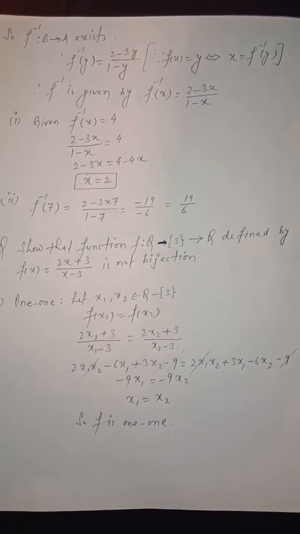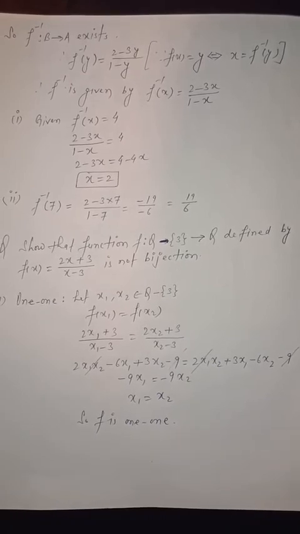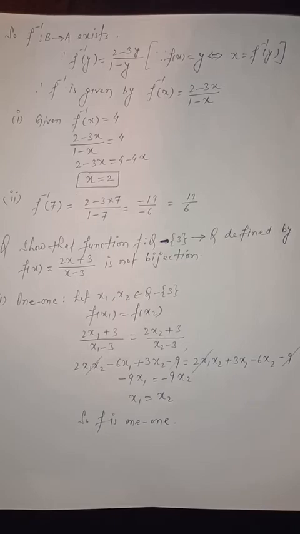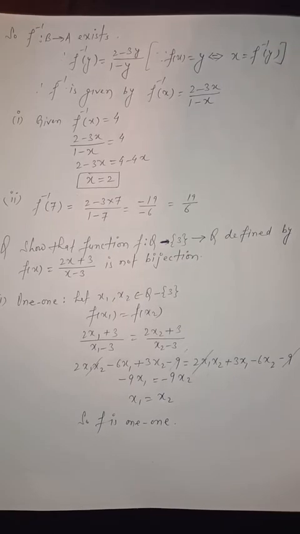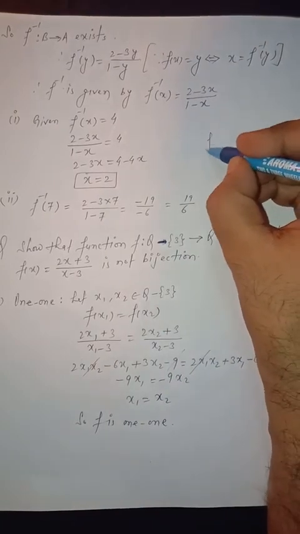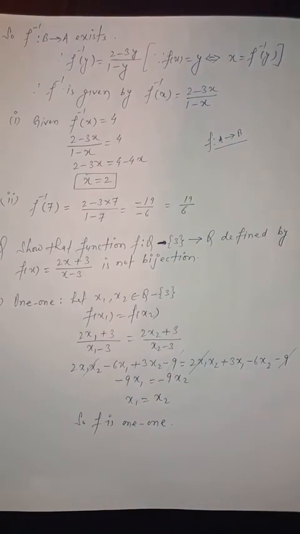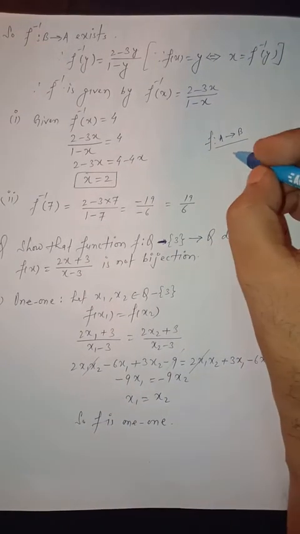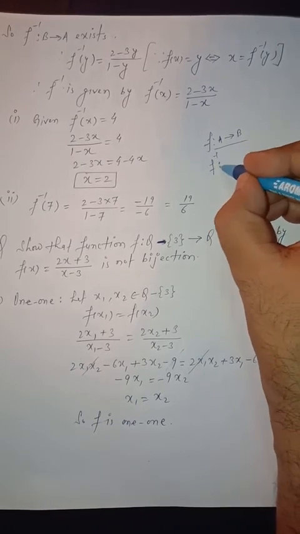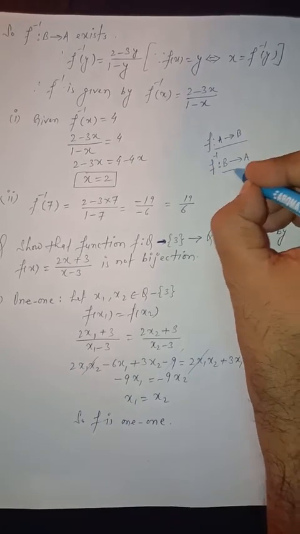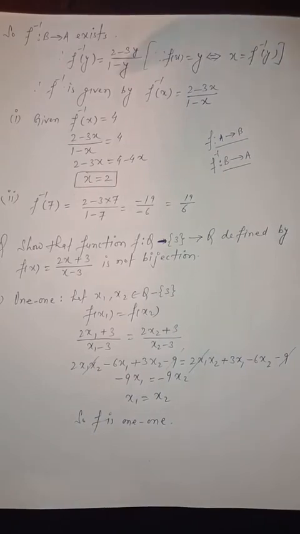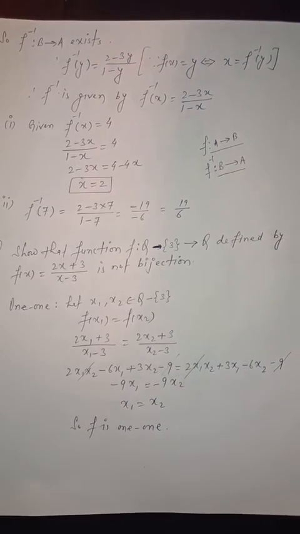When this function is invertible, there will be a function f inverse, and it will be defined from set B to A, because we know that when a function is defined from set A to B, and if it is bijective, then there exists a function f inverse defined from B to A. So here f inverse is a function from B to A, and what will be f inverse? That will be f inverse x. But why have I written f inverse y?